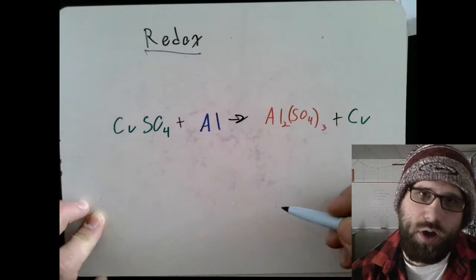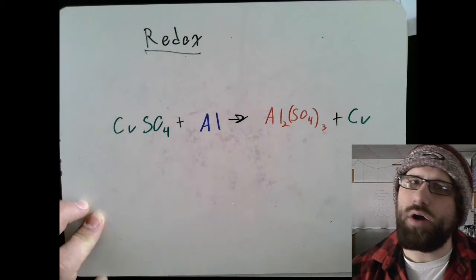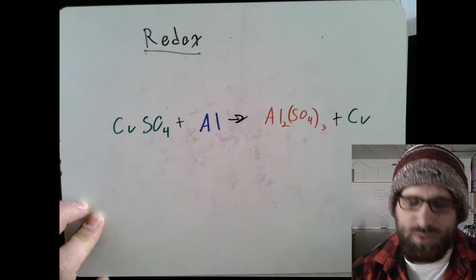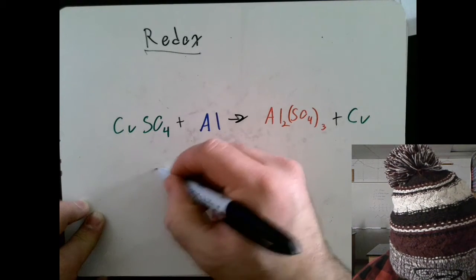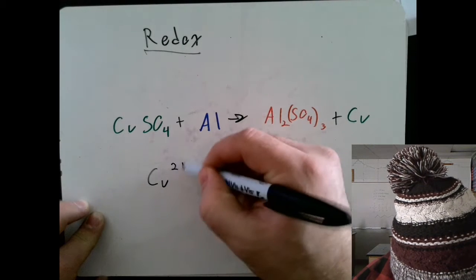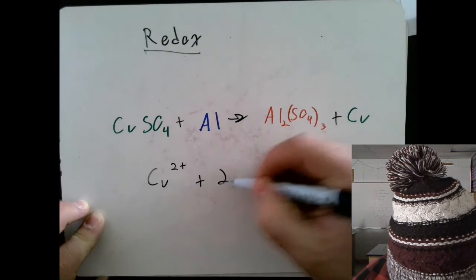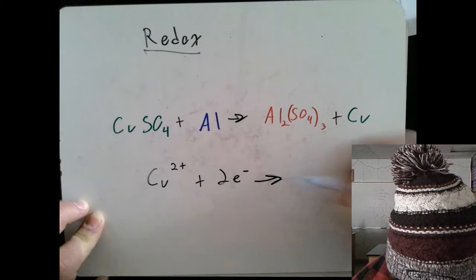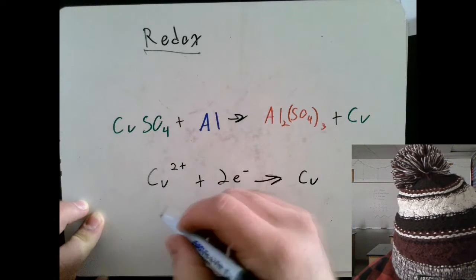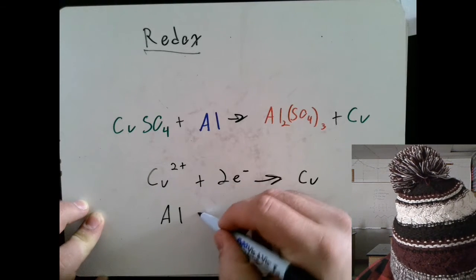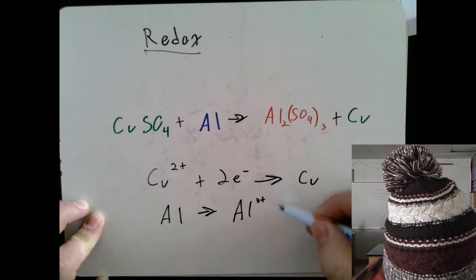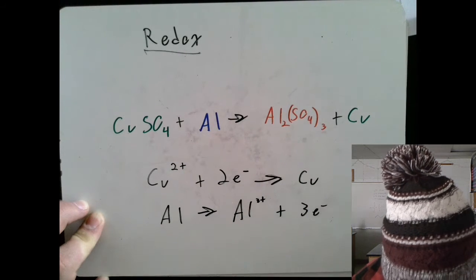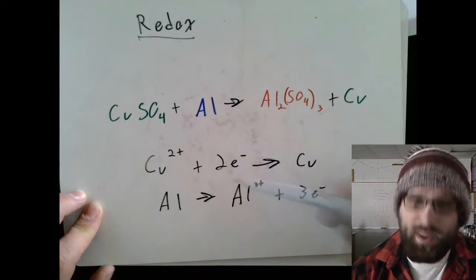Redox chemistry is all about looking at where electrons are coming from and going to. It's all about trading electrons. Remember, we could break this up into Cu2+ plus 2 electrons going into copper, and Al going into Al3+ plus 3 electrons. We were trading electrons.